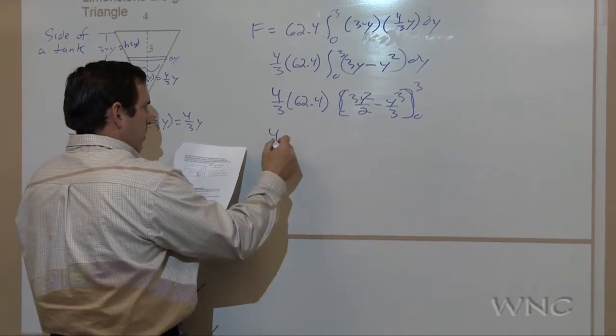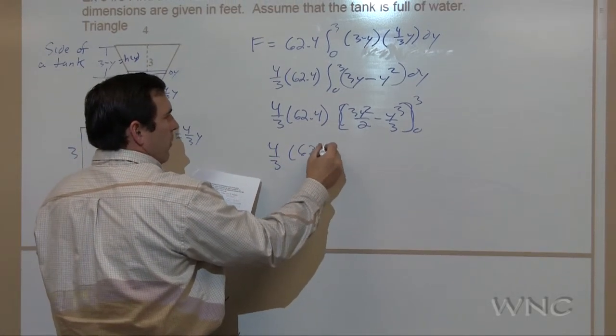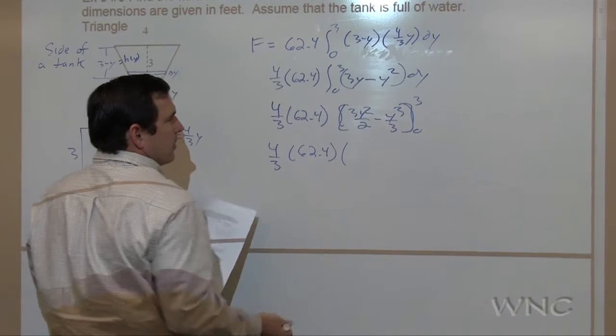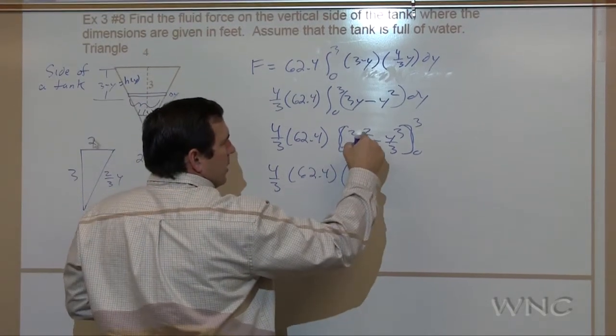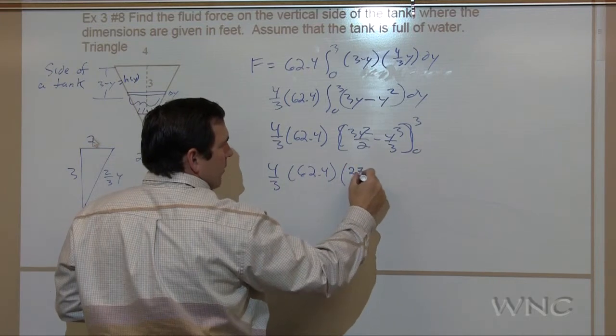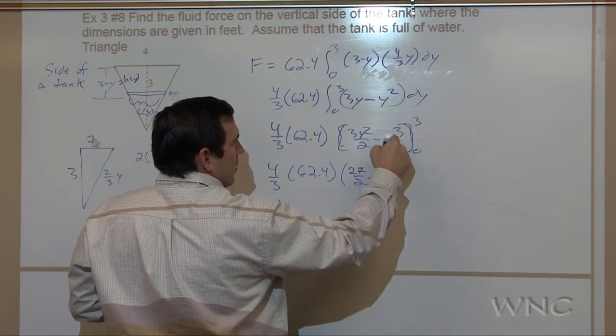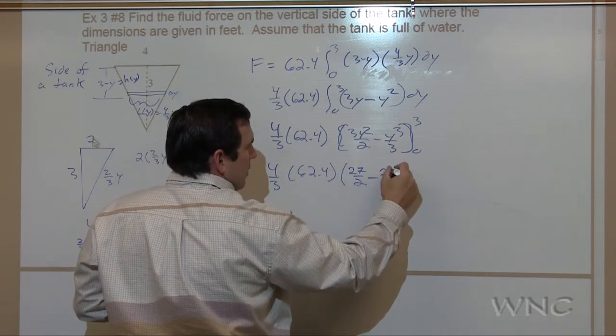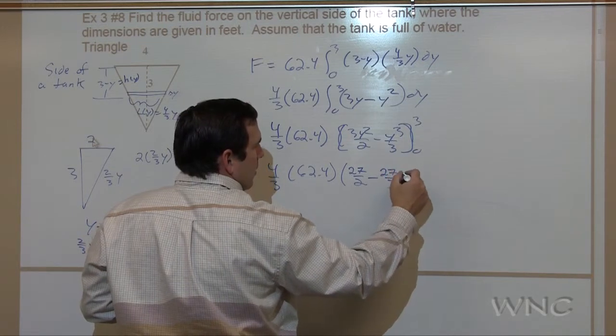That's 4/3 times 62.4 times 3 times 3 squared is 27, so 27 halves minus 3 cubed is 27, so 27/3 minus 0.